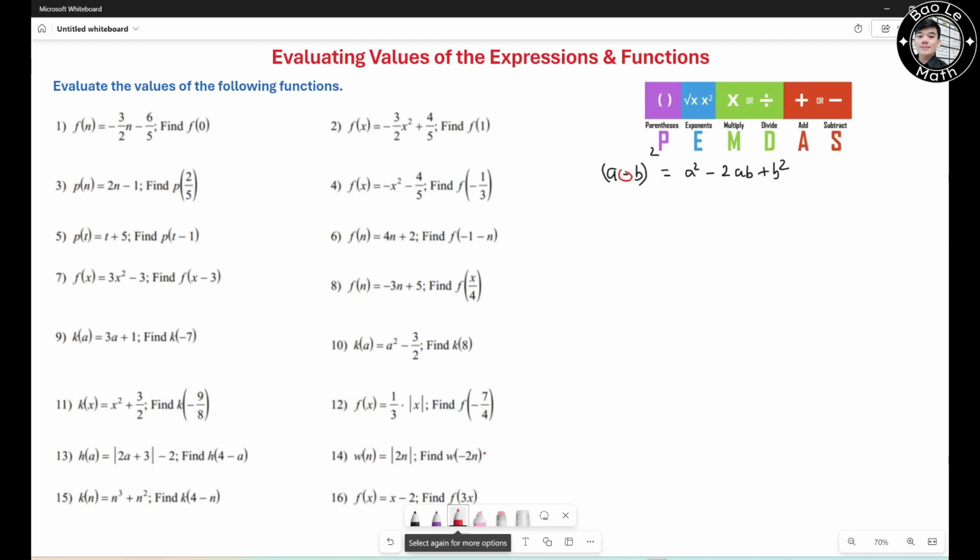Now question 14. We need to calculate W of negative 2n. So we substitute negative 2n for n right here. So be careful. It can be the absolute value of 2, I rewrite, now n right here, I substitute negative 2n.